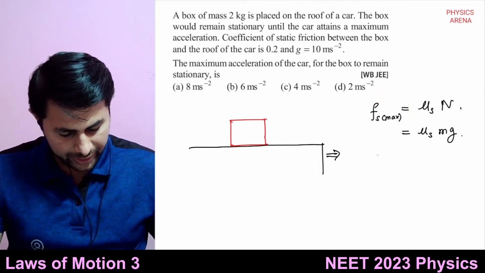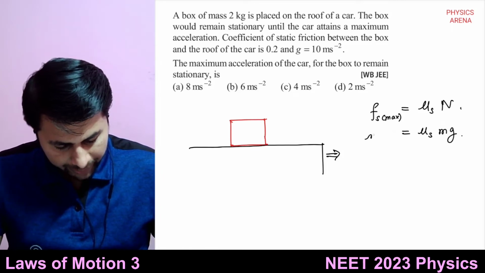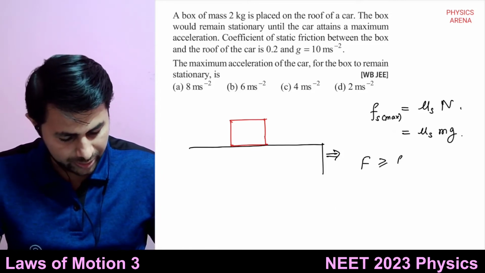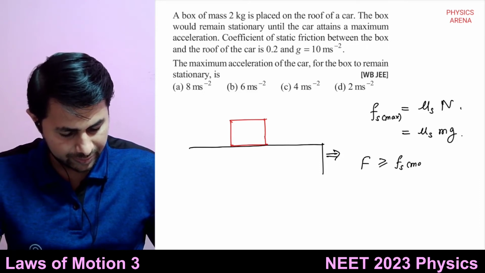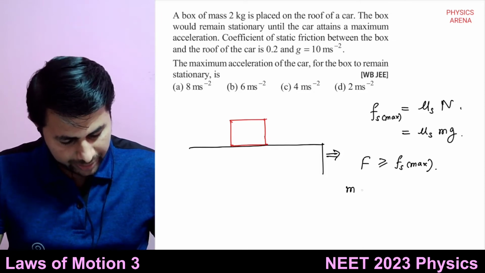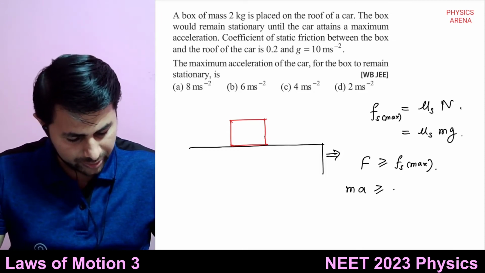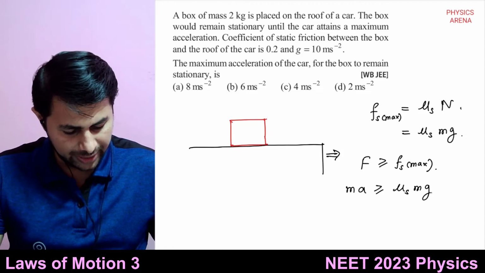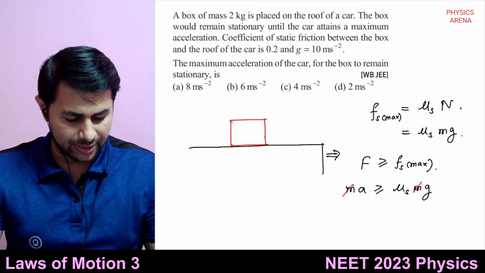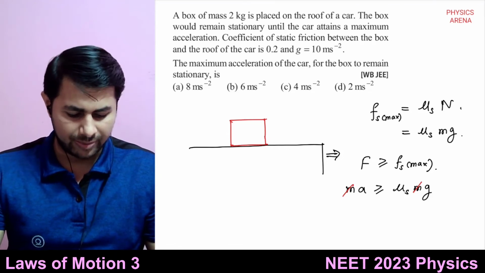So m multiplied by a is greater than or equal to mu s multiplied by mg. So m and m get cancelled out, and you can find acceleration, which will be equal to mu s multiplied by g.